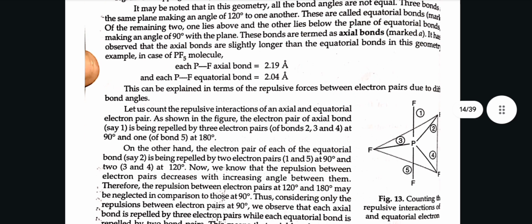This can be explained in terms of repulsive forces between electron pairs due to different bond angles. Let us count the repulsive interactions of an axial and an equatorial electron pair as shown in the figure. The electron pair of an axial bond is repelled by three electron pairs at 90 degrees and one at 180 degrees.